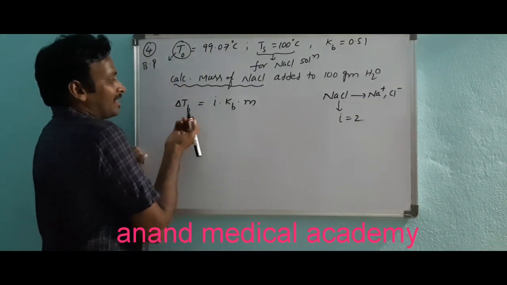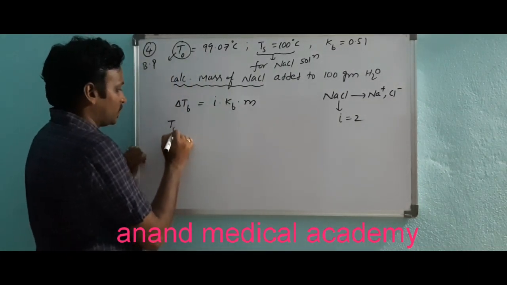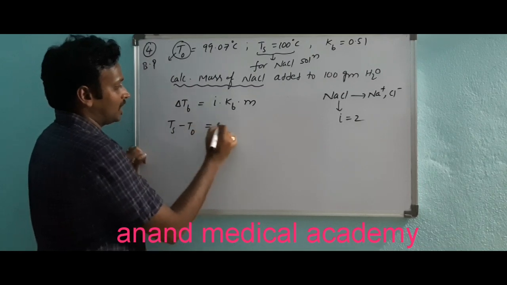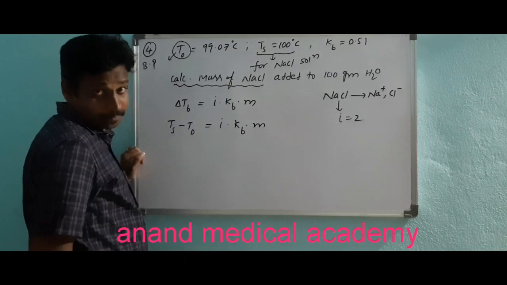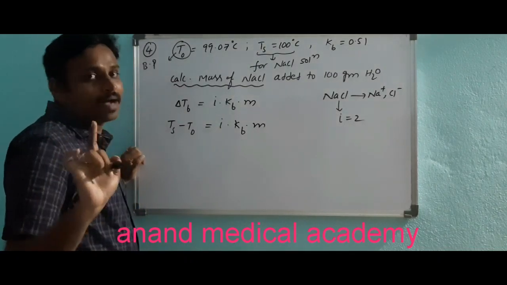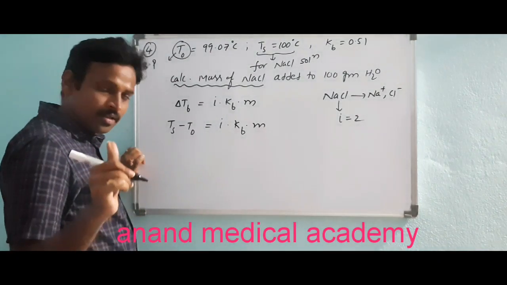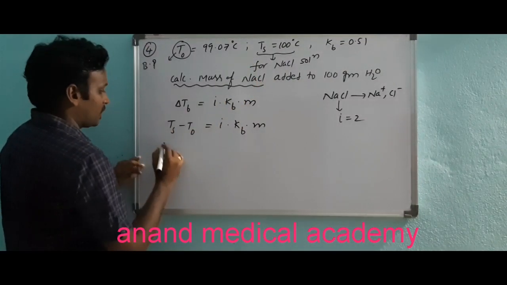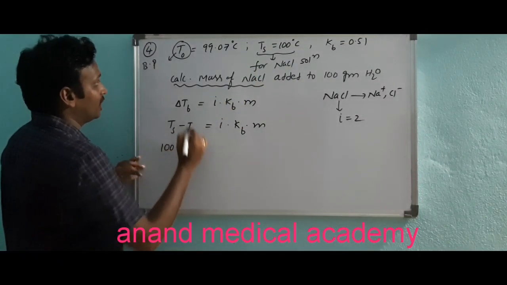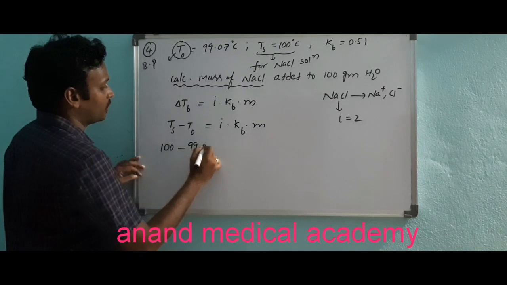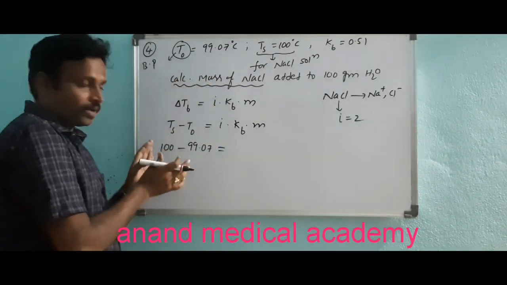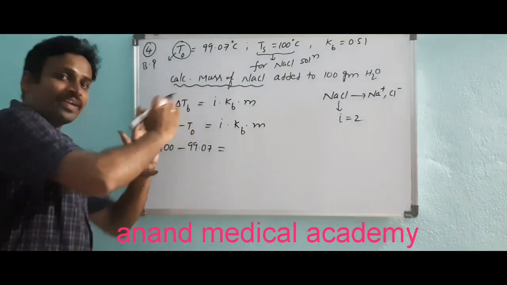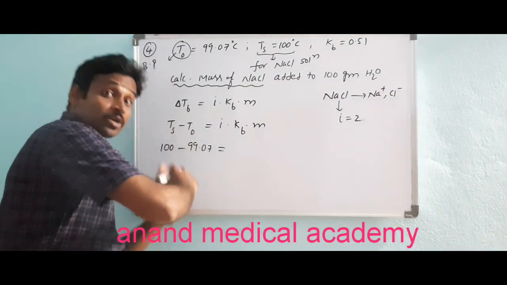So delta Tb, as we know, is Ts minus T0, and i into Kb into m. I'll substitute, you have to calculate. Got it? So Ts is 100 and T0 is 99.07. See, boiling point means Ts minus T0, freezing point means T0 minus Ts.